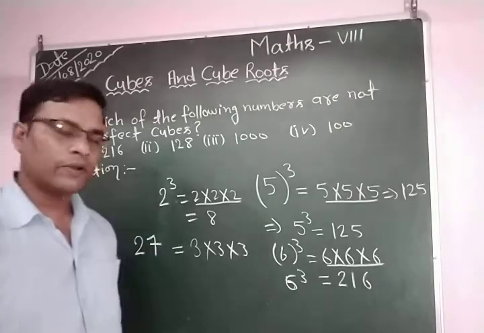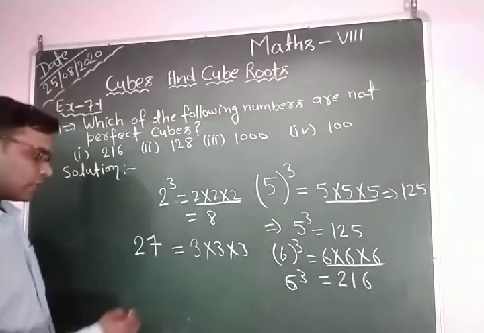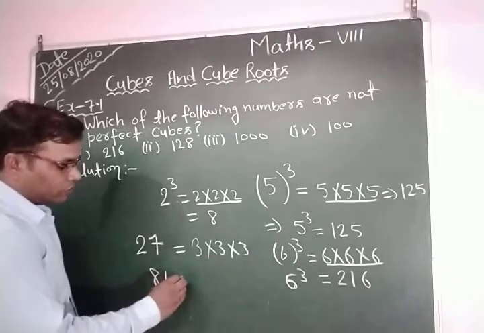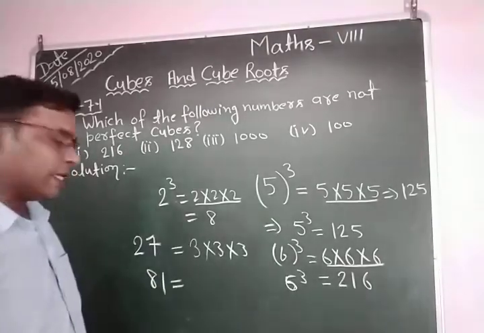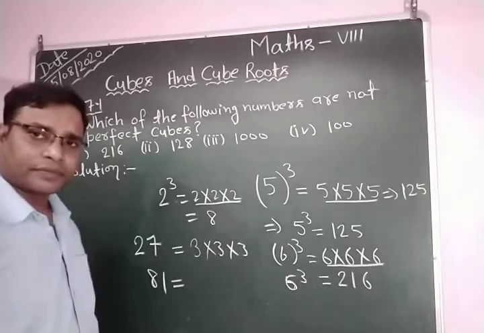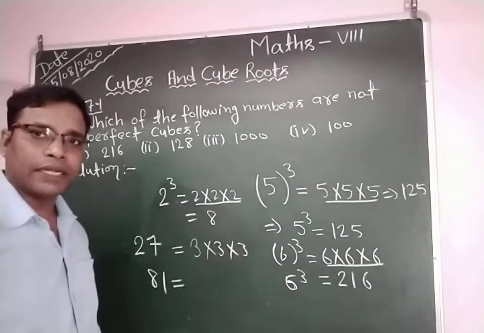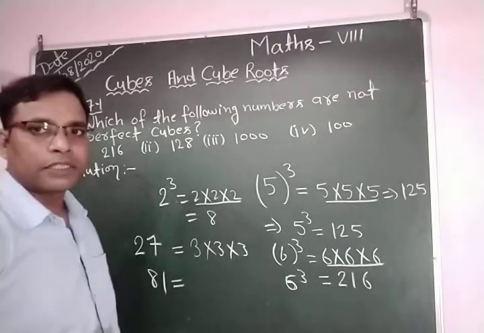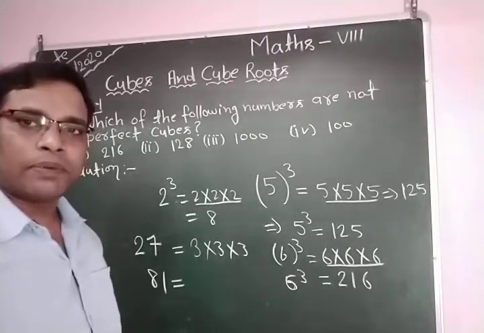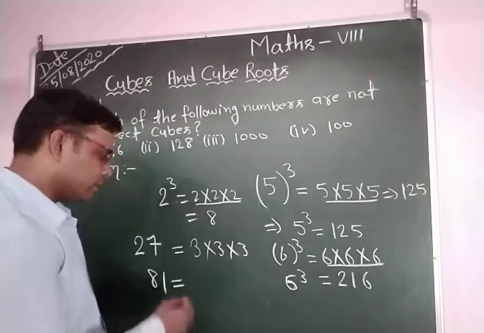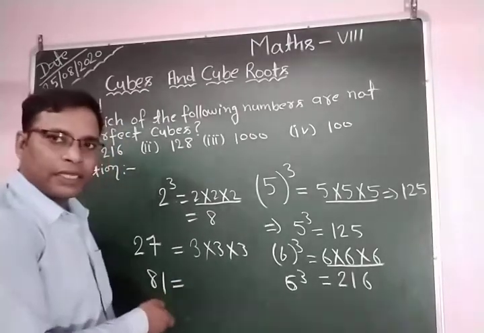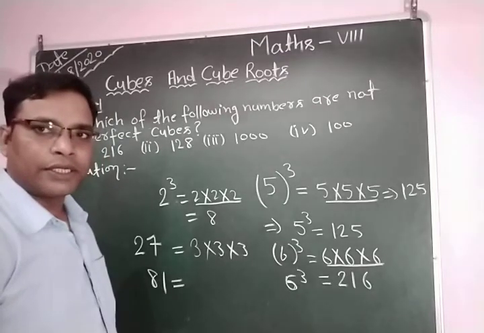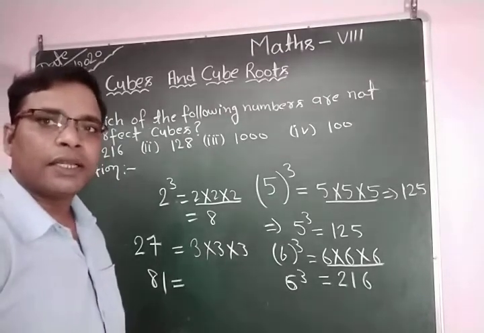Suppose you have 81, and you need to know whether 81 is a perfect cube or not. For this, first we express 81 as a product of prime factors. How do you find the prime factors? You find them by the prime factorization method.